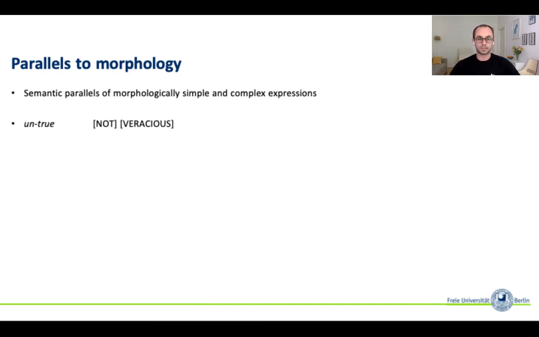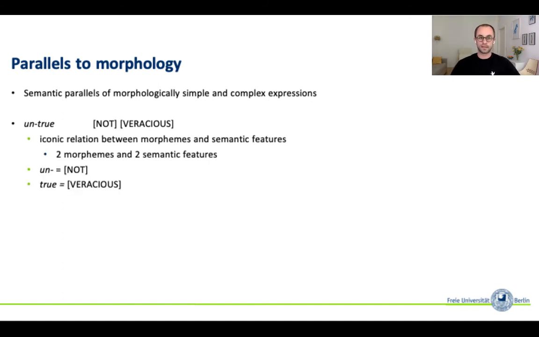For example, if we take a look at the word untrue, meaning not true, not veracious, we can distinguish two features, not or negative, and veracious, being true. And there is an iconic relation between morphemes and their semantic features, right? So we have two morphemes with each morpheme representing exactly one semantic feature: the negative feature, and true, the veracious feature.